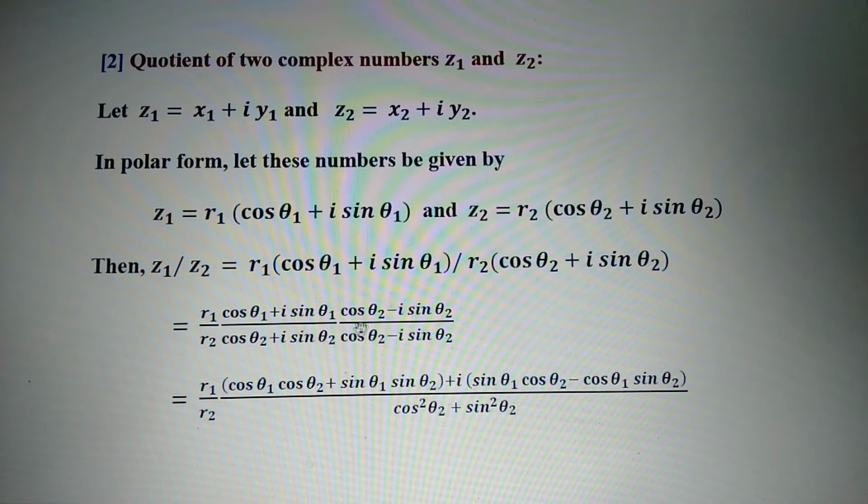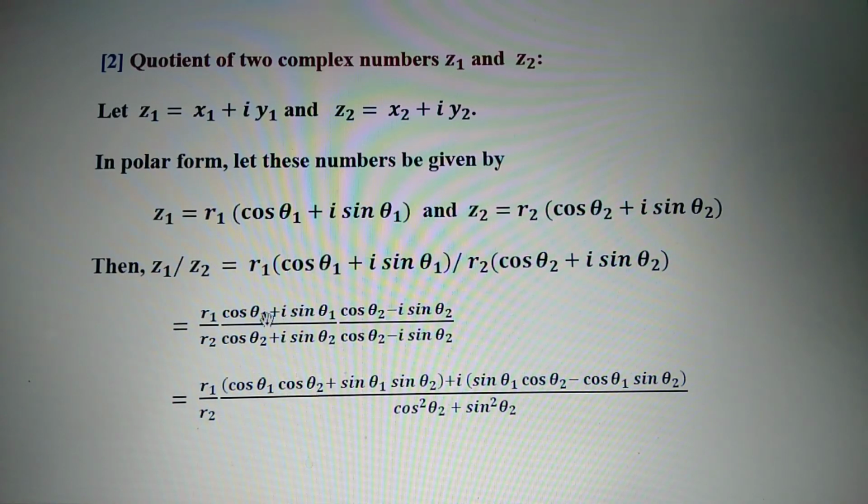Then the product is taken with the conjugate of this denominator. The conjugate of this denominator is cos theta 2 minus i sin theta 2. So multiplying numerator and denominator by cos theta 2 minus i sin theta 2.